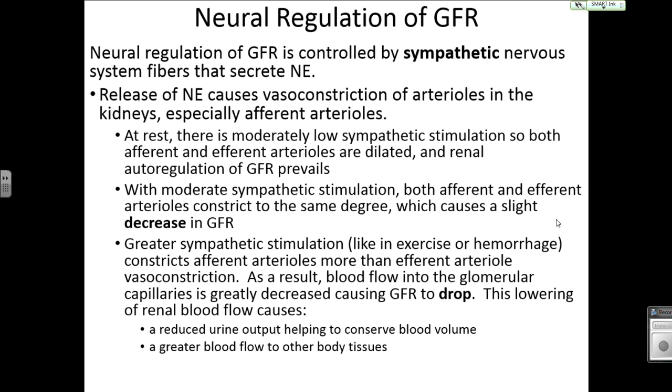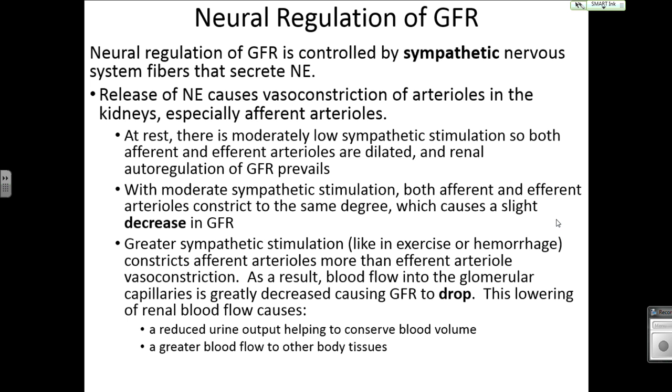At rest, is the sympathetic nervous system active? No, right? Because we're in rest and digest mode, right? Parasympathetic is active. So at rest, there's moderately low, or basically no sympathetic. So both the afferent and the efferent arterioles are dilated, and therefore there's no real effect from the nervous system. Instead, autoregulation is what's controlling it.